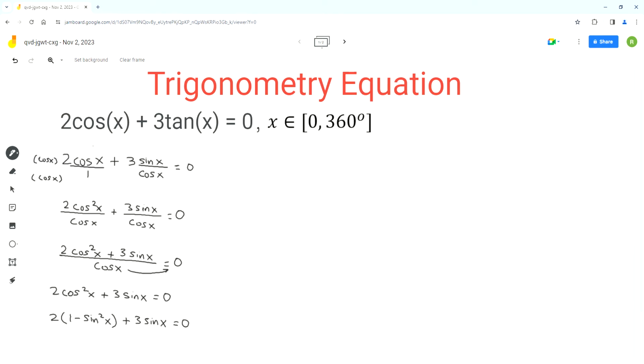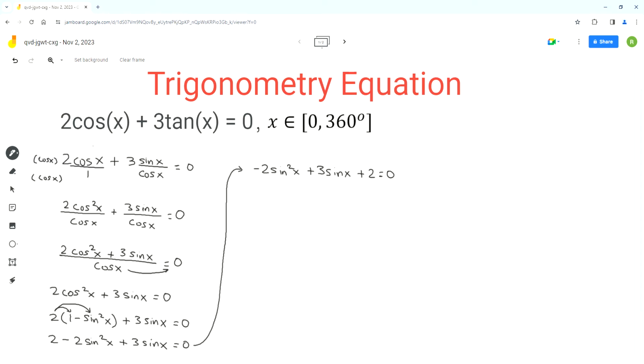So the first step is to distribute the 2 in the parentheses. So we get 2 minus 2 sine square x plus 3 sine x equals 0. And now we can rearrange the terms. So we get minus 2 sine square x plus 3 sine x plus 2 equals 0.